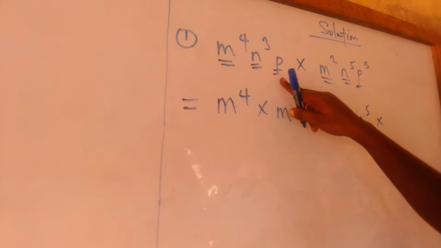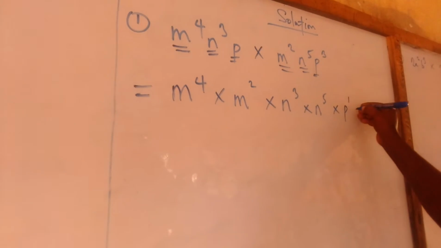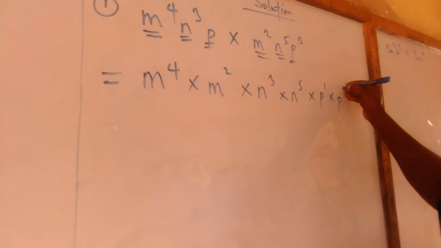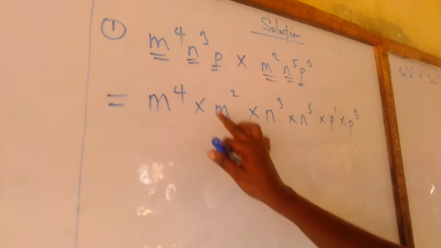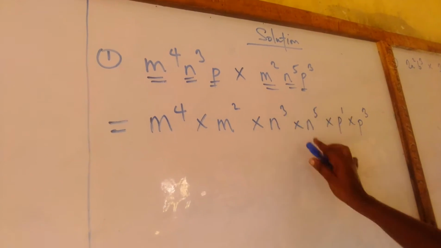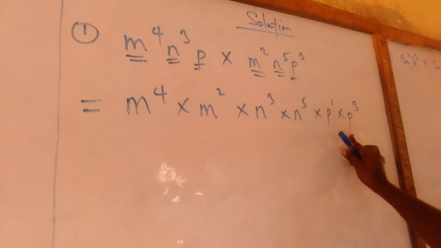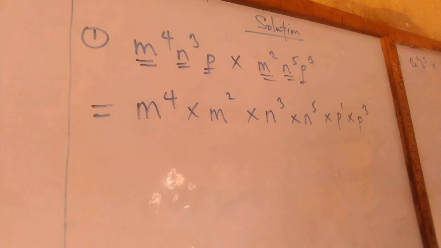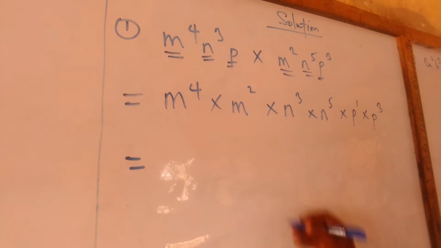If p stands alone, it means that p appears only one time, multiplied by p appears 3 times. m appears 4 times, m appears 2 times, n appears 3 times, n appears 5 times, p appears 1 time, p appears 3 times.